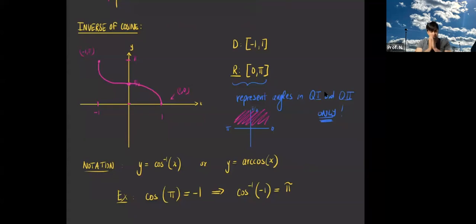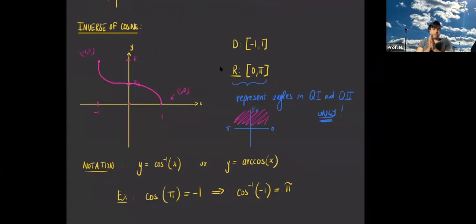Again, these characteristics, properties of these inverse functions are important to know, to distinguish the difference. Any questions? Is this new to you guys? Have you ever heard about inverse trig before?